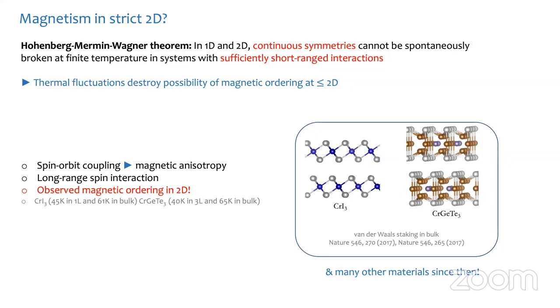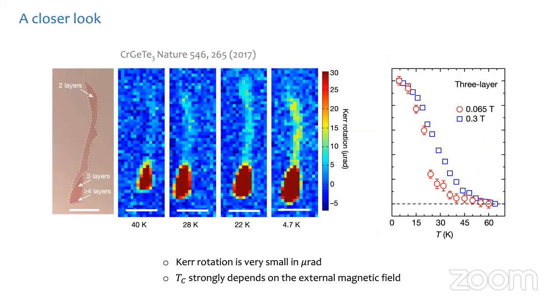Okay, but for our initial discussion, I will keep myself surrounded with this CrI3 and this CrGeTe, these two chromium based 2D materials. So let us take a closer look at these two experiments, and let us learn what these experimental results are telling us.